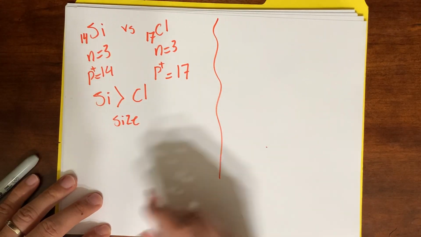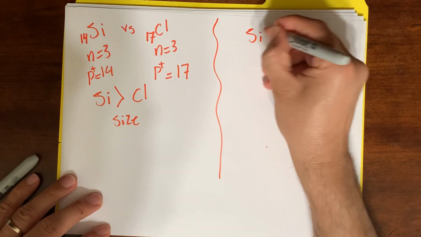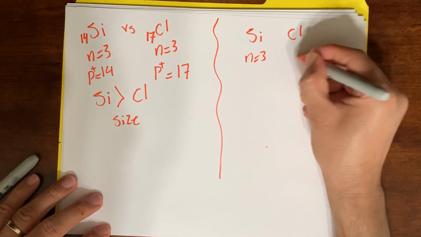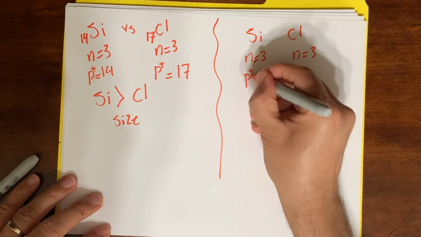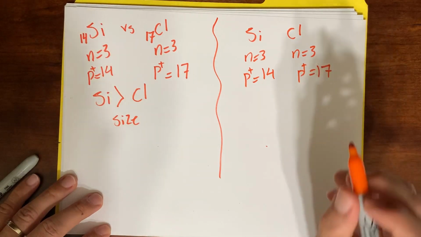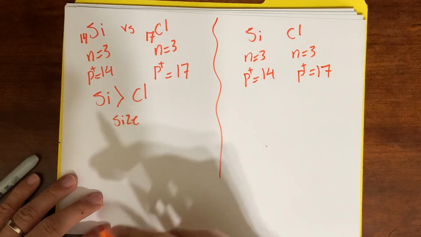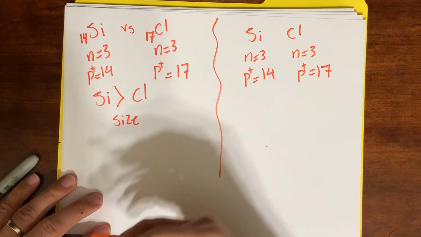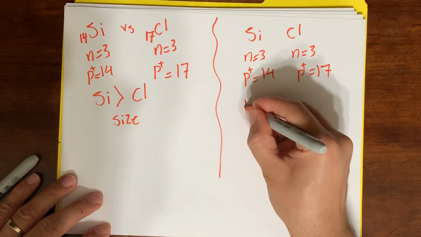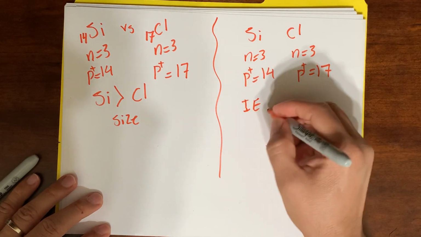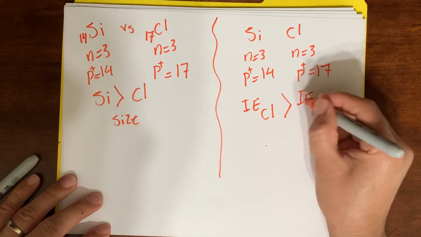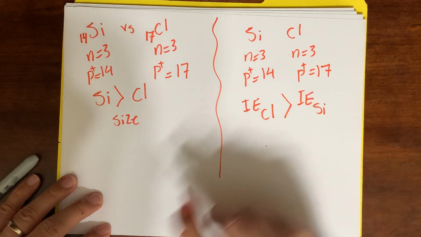When it comes to ionization energy, we said N equal 3, N equal 3. Protons equal to 14, this one equal to 17. The one that has more protons, or is smaller, will apply more force on the outer electron. So ionization energy is going to be higher. The ionization energy of chlorine will be higher than the ionization energy of silicon.